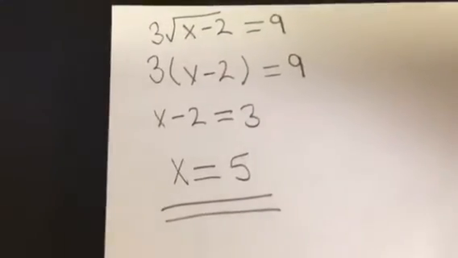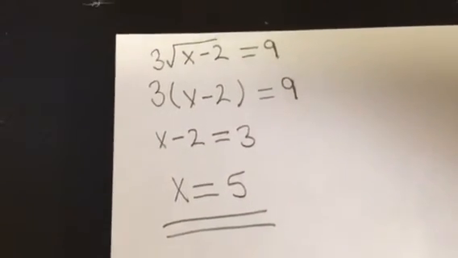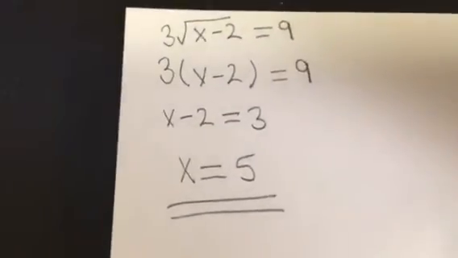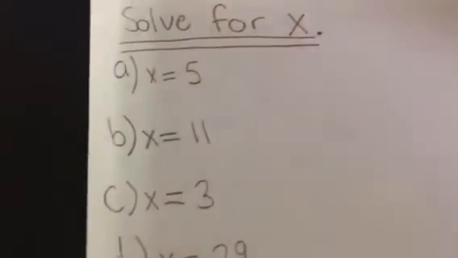And you would go on, adding 2 to both sides, and you would end up with x equals 5. So that was one mistake I noticed a lot of people made when I asked them to do the equation.